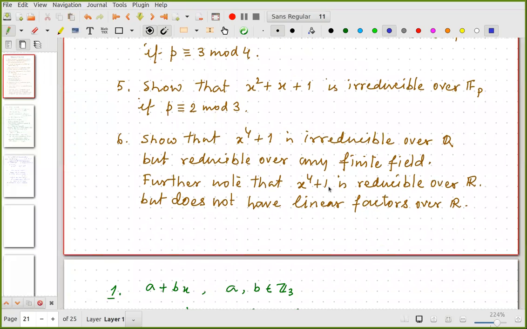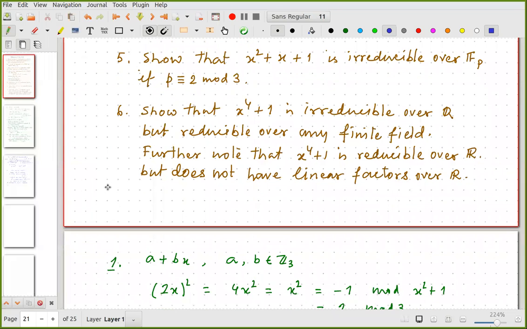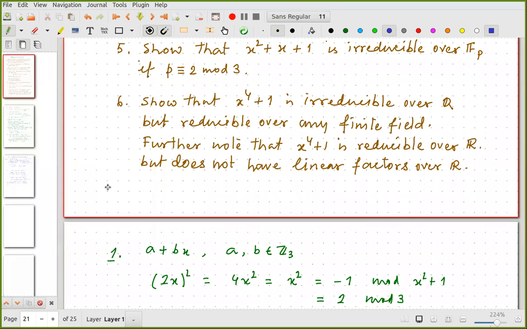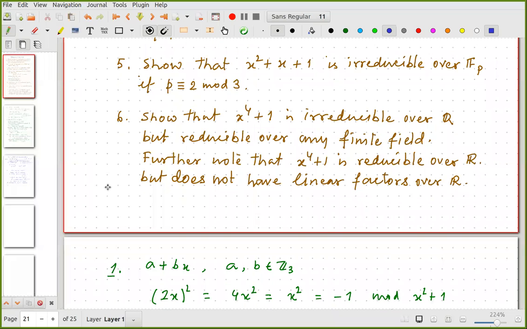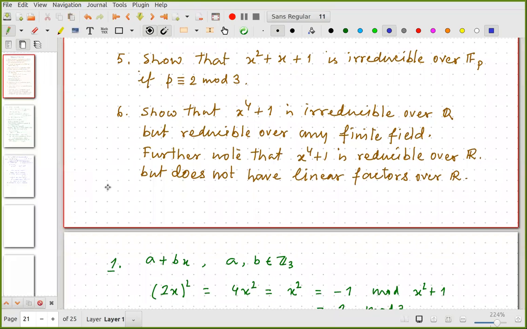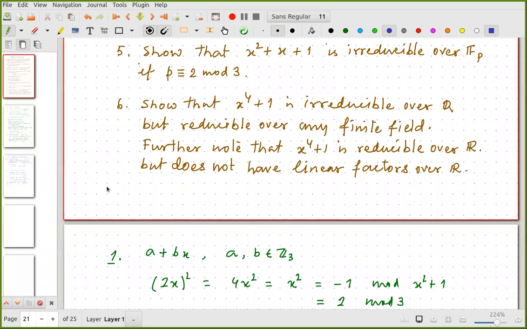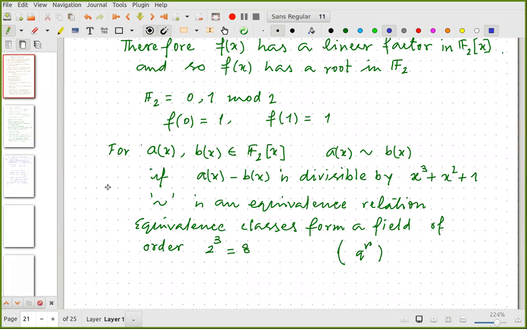Yeah, this last problem is interesting, and the next one is quite easy. I'll just do that too. So x square plus x plus 1 over Fp. So we do the same thing.